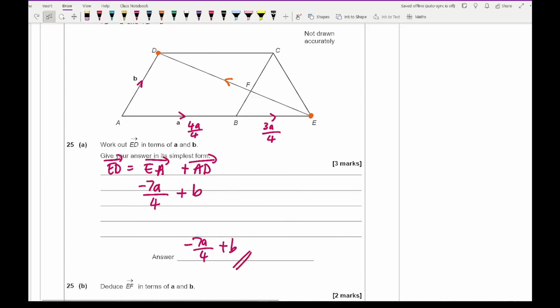Or you could write that as a decimal, and 7 divided by 4 gives us 1.75, so we could write minus 1.75a plus b.